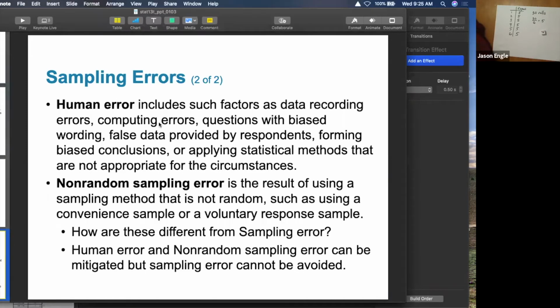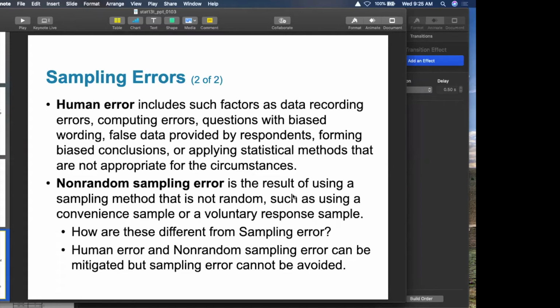Oh, there it is. You were already ahead of me. Human error includes such factors as data recording errors, computing errors, questions with biased wording, false data provided by respondents, forming biased conclusions, or applying statistical methods that are not appropriate for the circumstances.